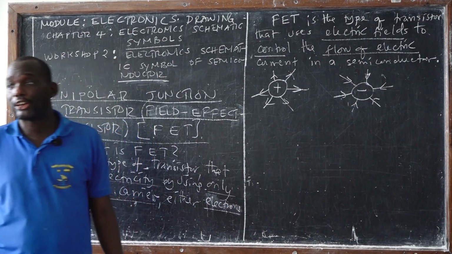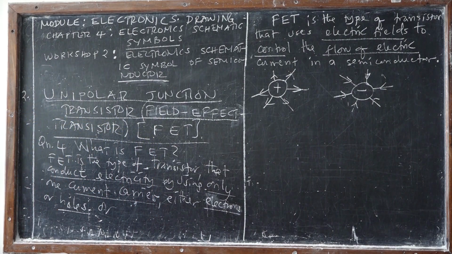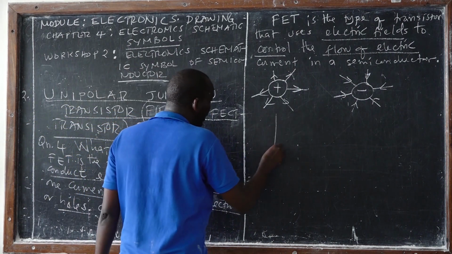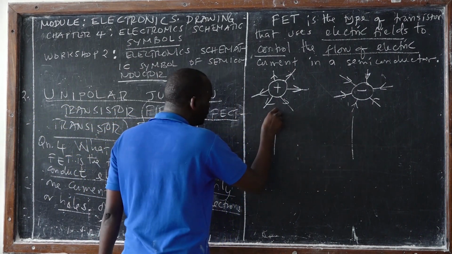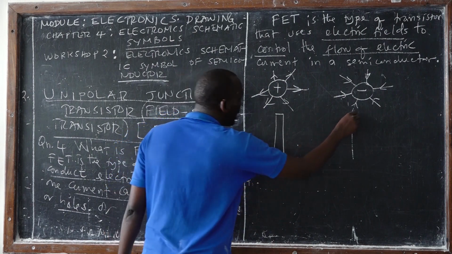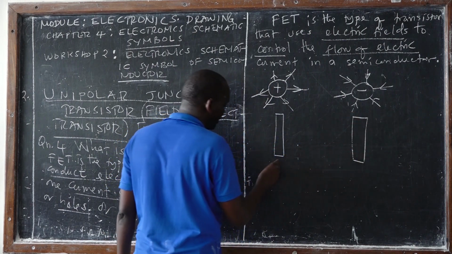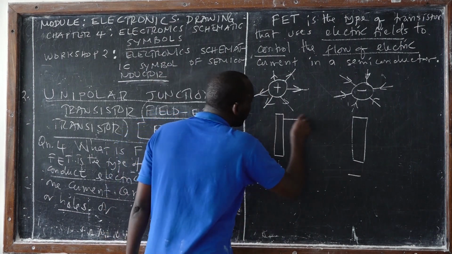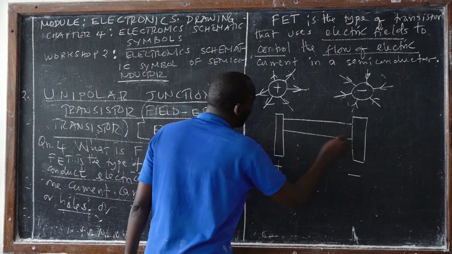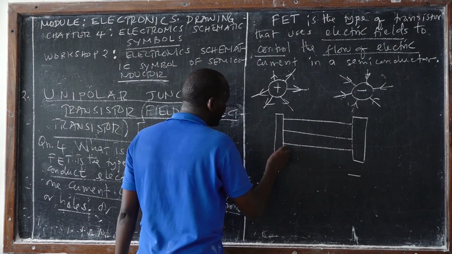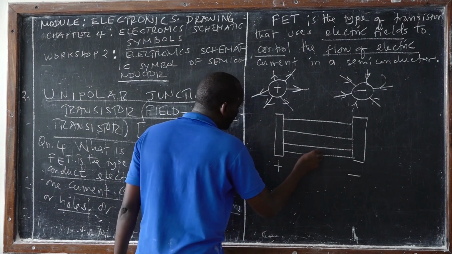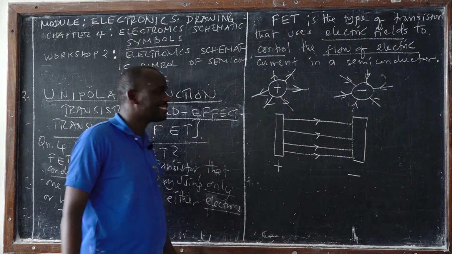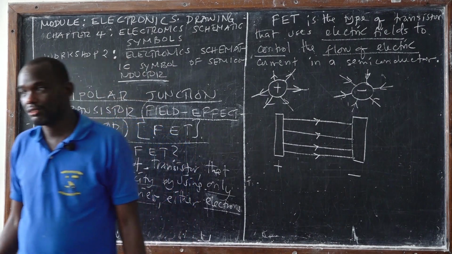When you say electric field, for instance, in the case of the capacitor, this is the positive plate and this is the negative plate. When introducing the concepts of the capacitor in static electricity, we used to draw straight lines like this. But remember that in most cases, electric field lines are not straight, they are curved.